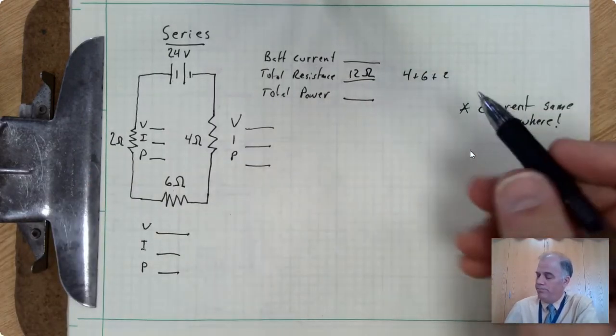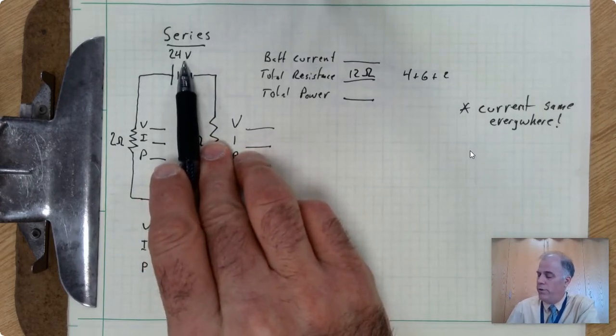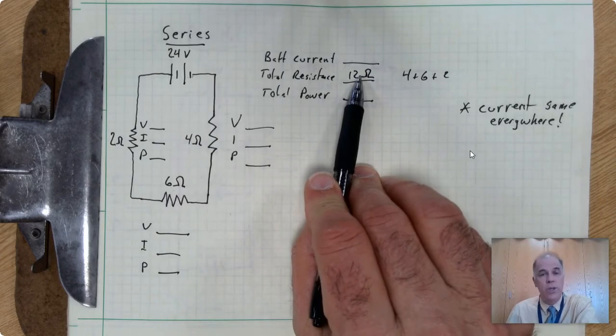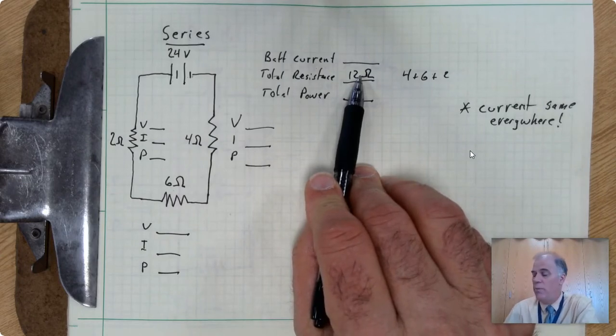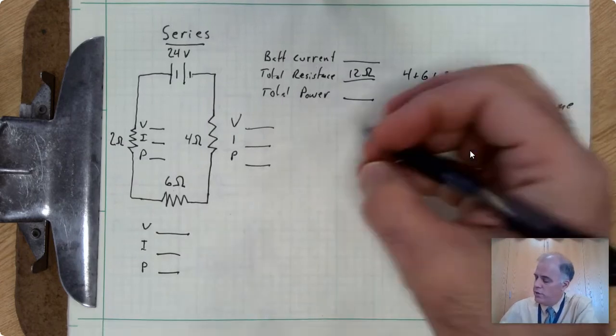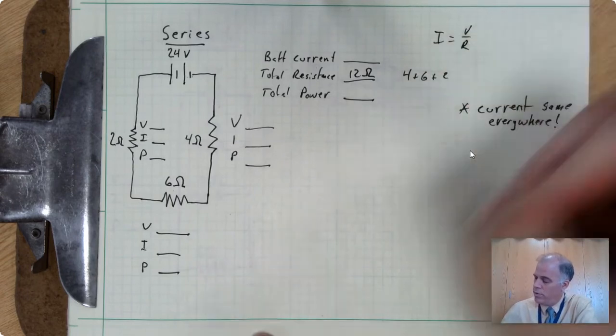Okay, now, since we have the battery voltage and the resistance that the battery is facing, we can use Ohm's law to figure out how much current the battery can produce under these circumstances. So Ohm's law is I equals V over R. We'll use that one.